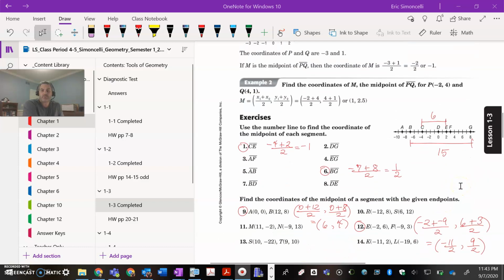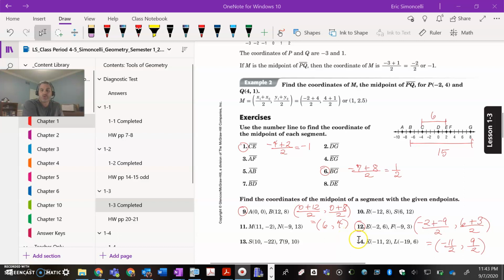Moving on, we've got 2 more to take a look at. Number 9, A is at 0, 0, B is at 12, 8. Again, if you were to put this on an XY axis, you would add 0 and 12 divided by 2 to get 6, 0 and 8 divided by 2 to get 4. 6, 4 is in fact halfway between 0, 0 and 12, 8. You're not always going to get a nice ordered pair.